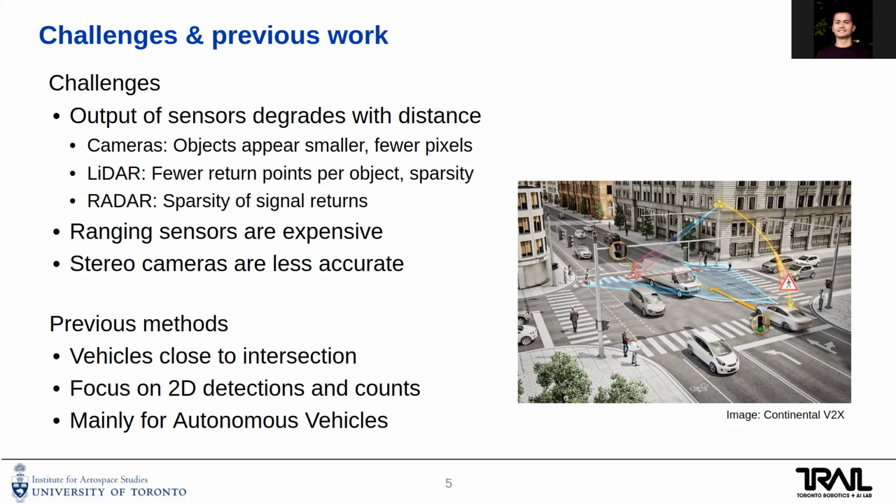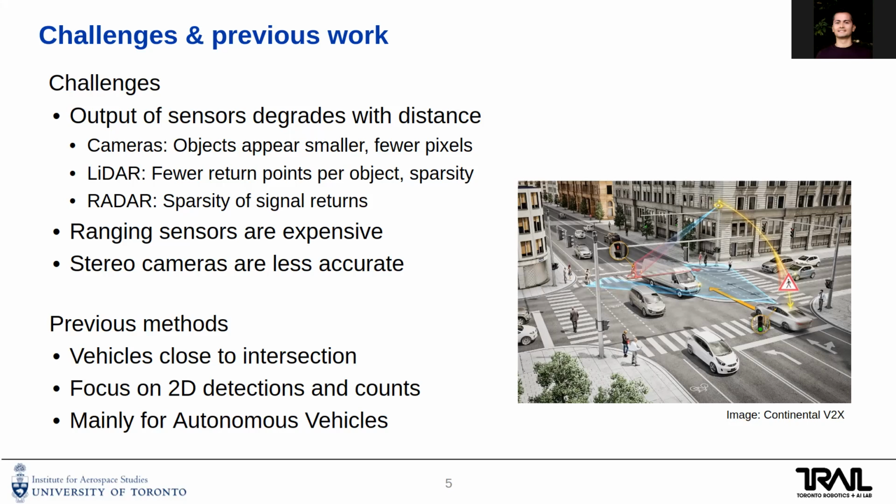Ranging sensors like LiDAR or radar are also more expensive, which makes their implementation at many intersections difficult. Another alternative, using stereo cameras, is not as accurate as the other sensors, as stereo cameras are more accurate at closer range.